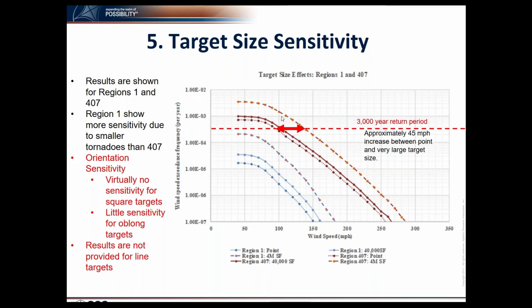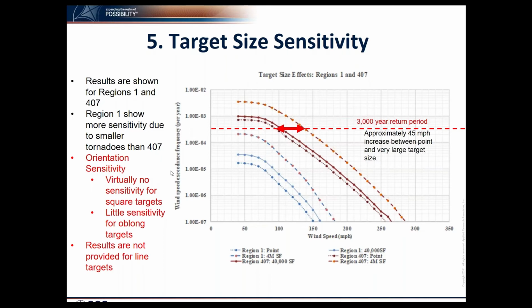Now, this sensitivity for 407 is not as much as seen for region 1, because region 1 tornadoes are much smaller in path area compared to region 407. And you can see in region 407, for the 3,000-year return period, there is a 45 mile per hour increase between the point and the very large target.